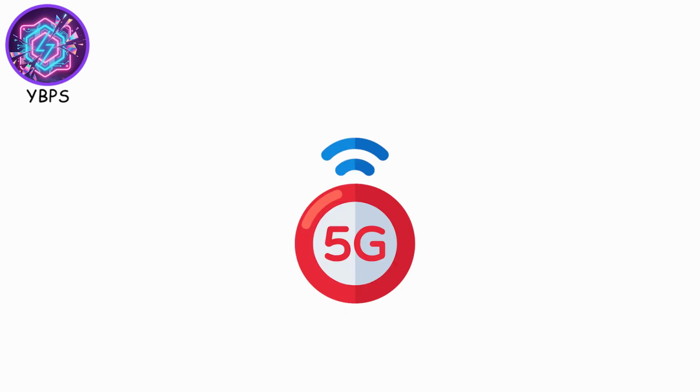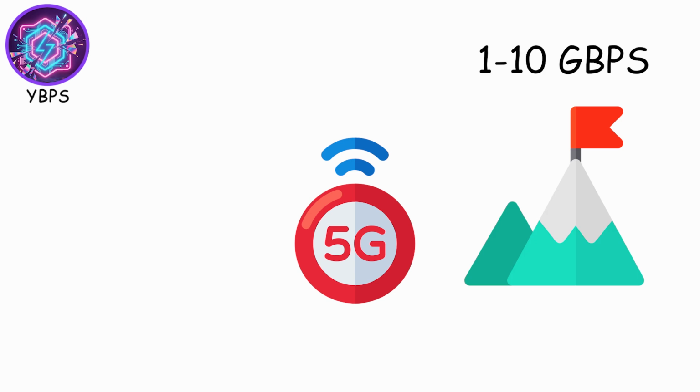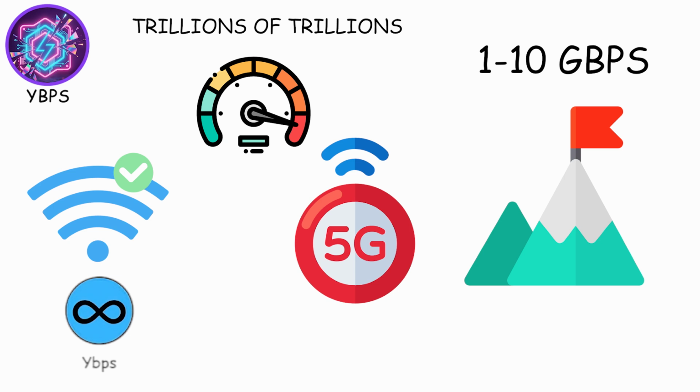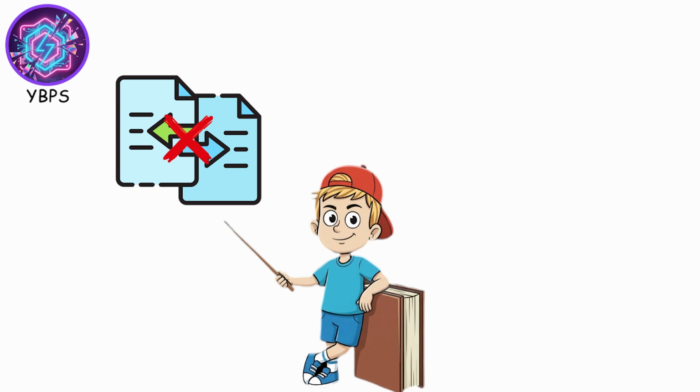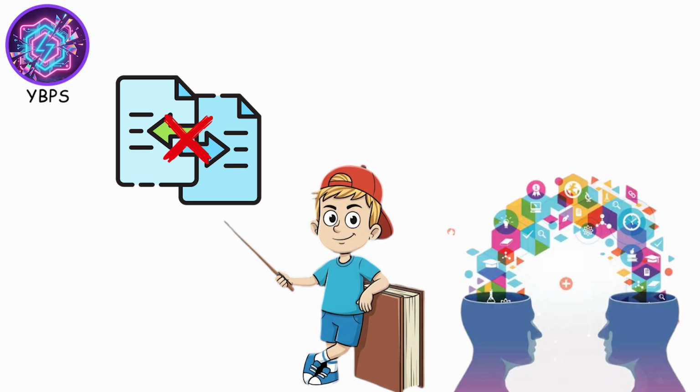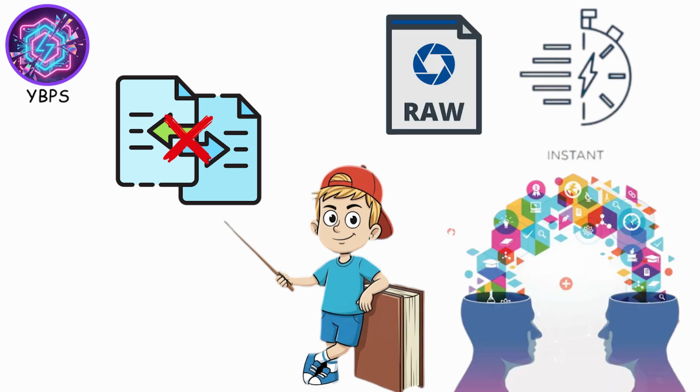Today's 5G networks peak around 1 to 10 gigabits per second. A single yottabit per second connection would operate trillions of times faster than that. At this point, we're no longer merely transferring data, we're transferring knowledge itself, raw and instantaneous.